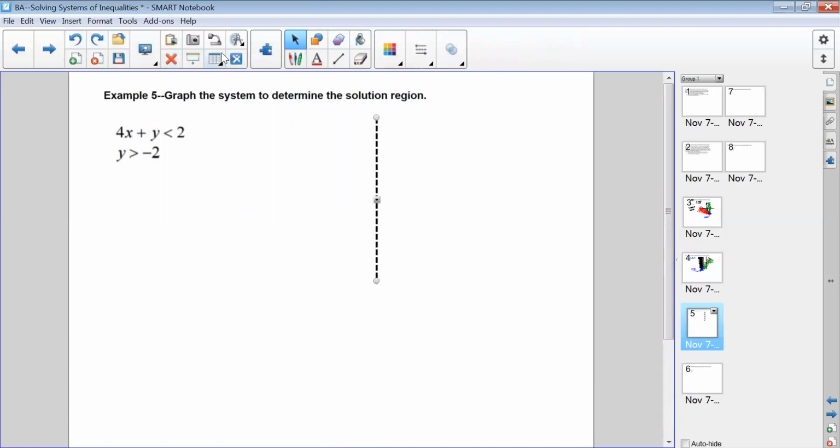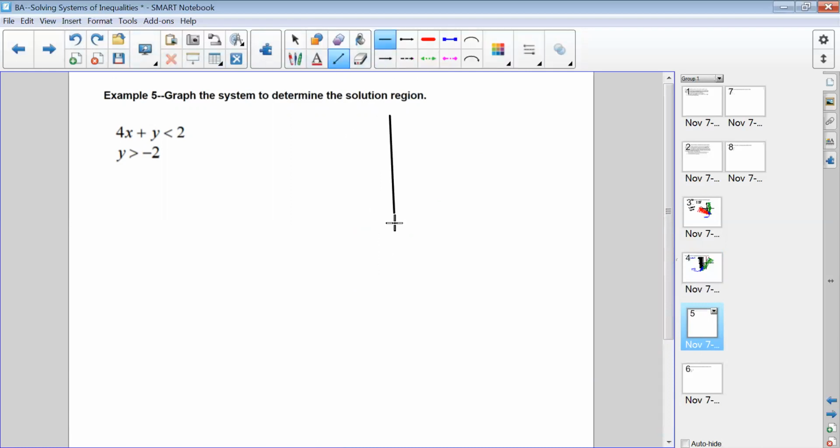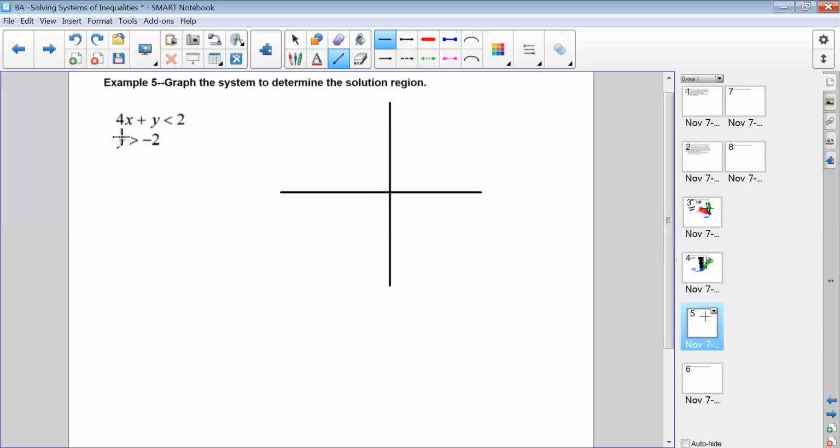So, looking at our next system of inequalities, I notice this one is a y equal. So what we will have is a horizontal line at y equals -2.